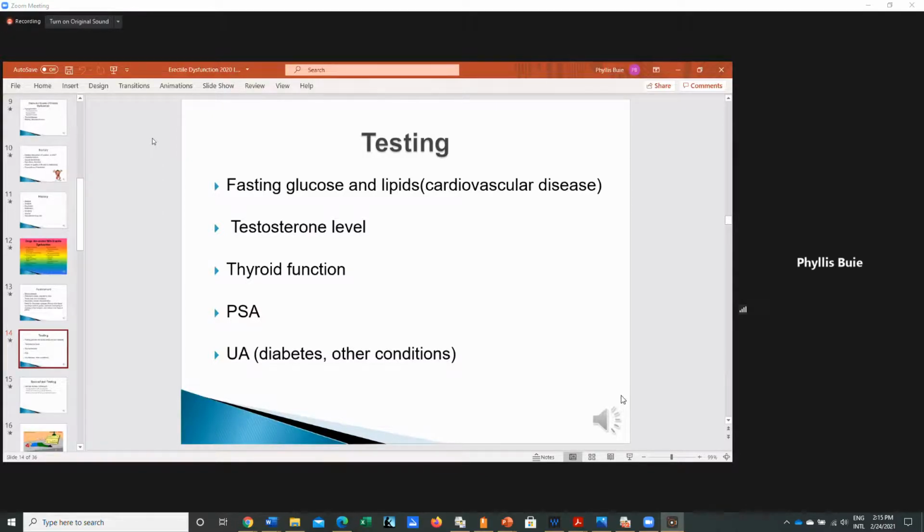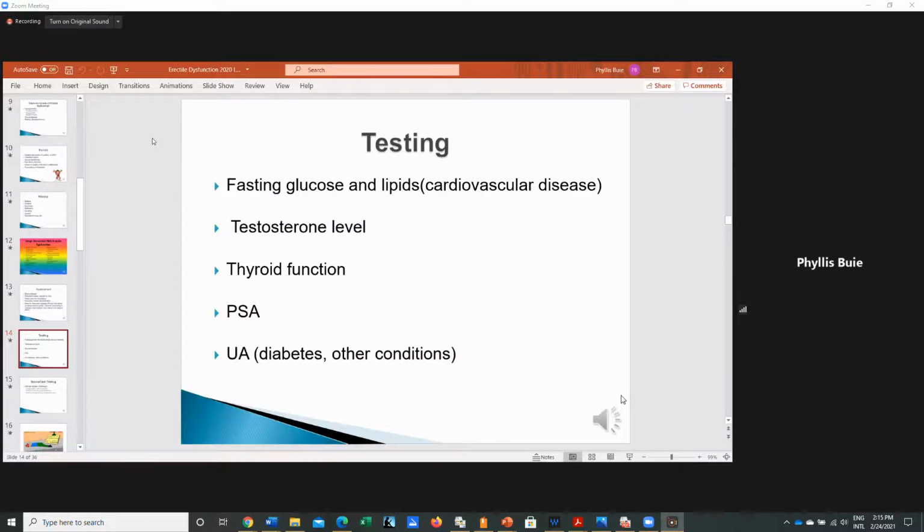What's their testosterone level? Is it within the therapeutic range, or is it low? How is their thyroid functioning? Because when their thyroid's not functioning well, it makes them feel really tired, and they feel very sluggish, and they just don't feel like themselves.